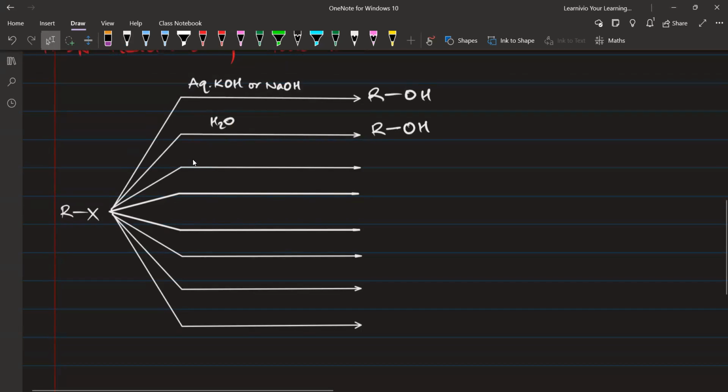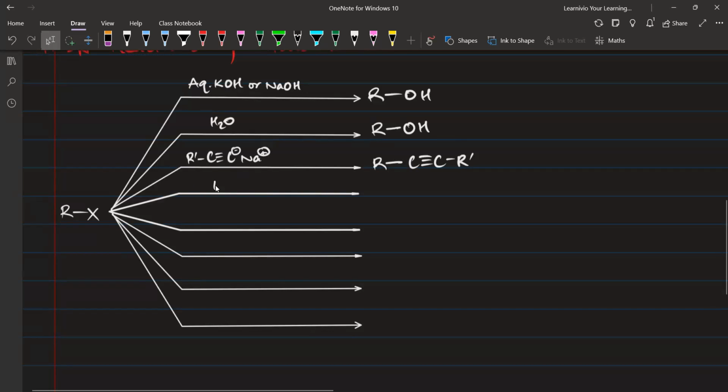Now, if you have, let us suppose R dash C triple bond C negative Na positive. ठीक है, यहाँ पे आपको समझ में आ रहा है that this negative part is going to replace. So X will be replaced by C triple bond C some other R dash.